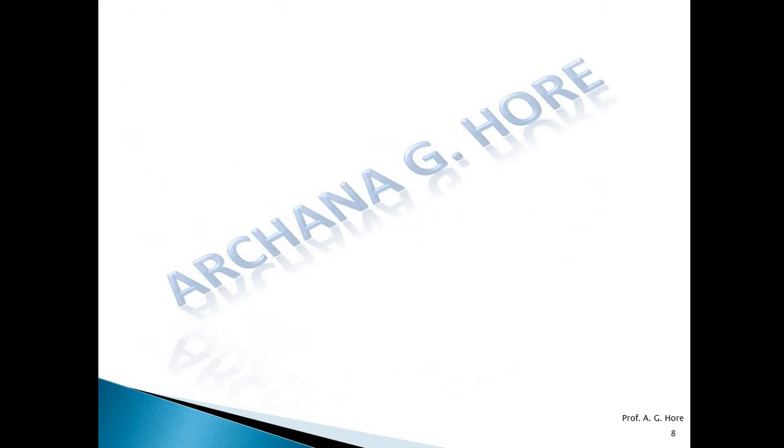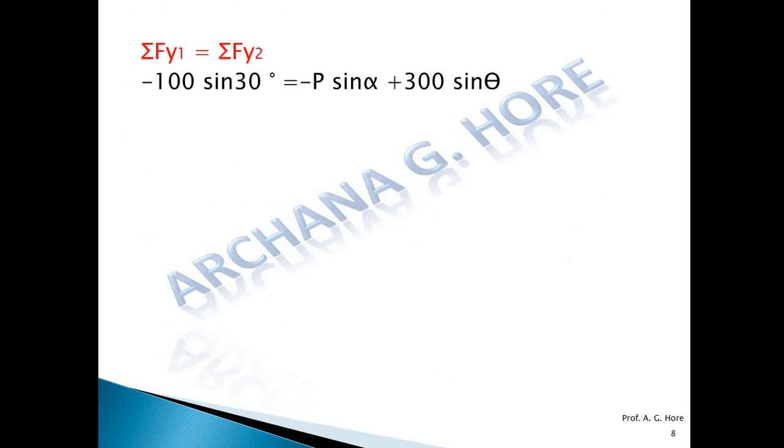Then second equation, summation Fy for first system and second system. So summation Fy of first system is minus 100 sin 30, and summation Fy of second system is minus P sin alpha plus 300 sin theta. Okay, so simplify and write it as equation number 2.